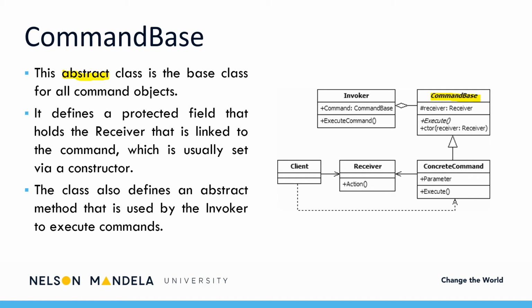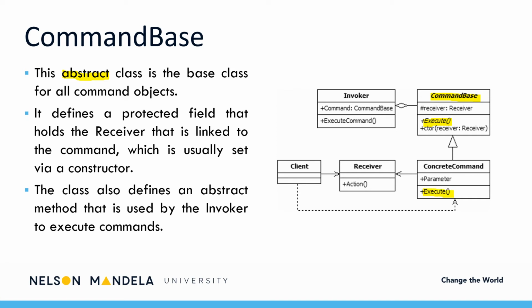So this declares an interface for all commands, as you already know that a command is invoked through the execute method. If you're using an abstract class, this method is going to be abstract, but if you're using an interface, this method should be implemented in the concrete class.